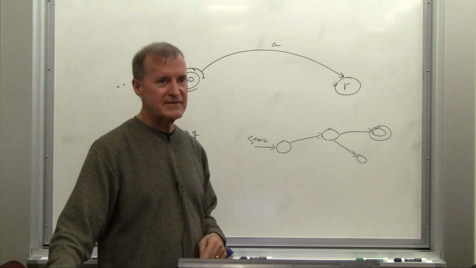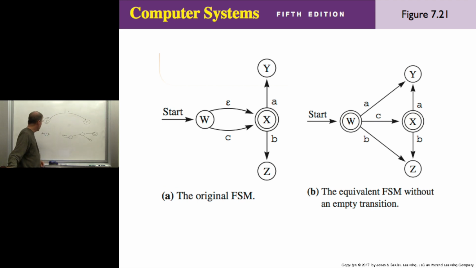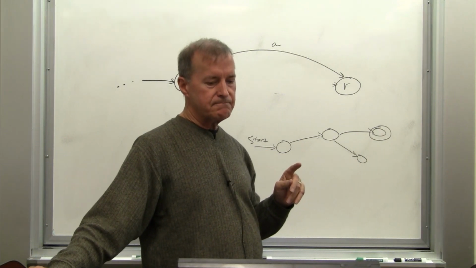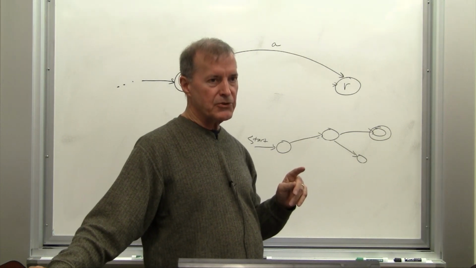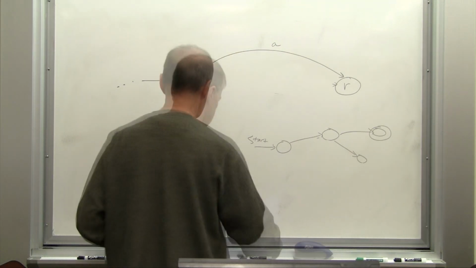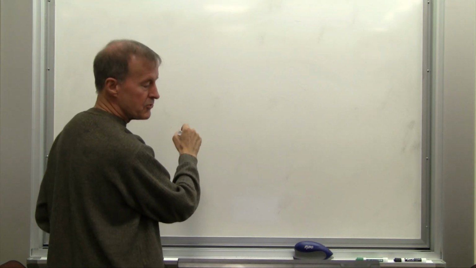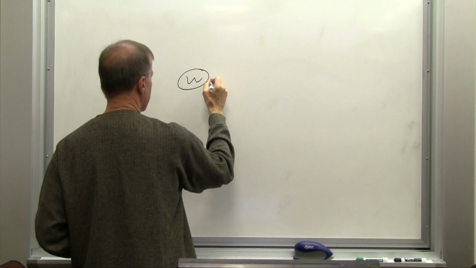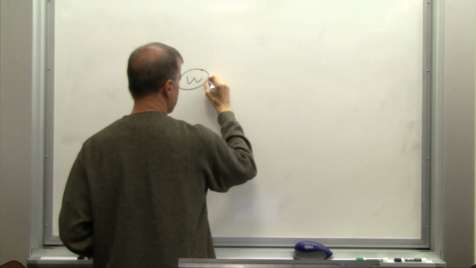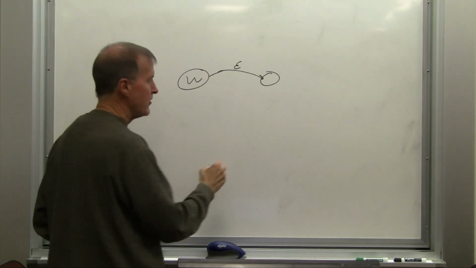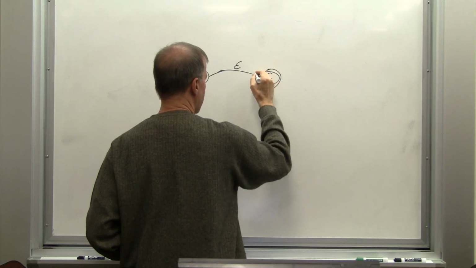Yeah, question? The question is, in figure 7.21, why does W become a final state? The reason is, suppose you are in state W, and you're at the end of your scan, and X is a final state.